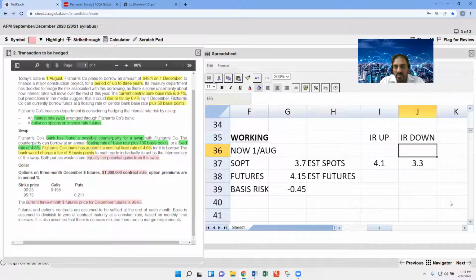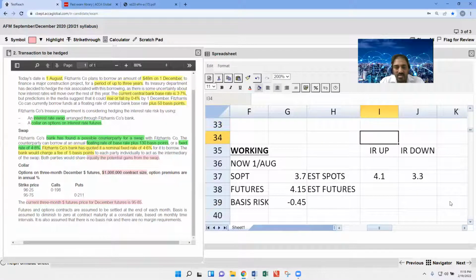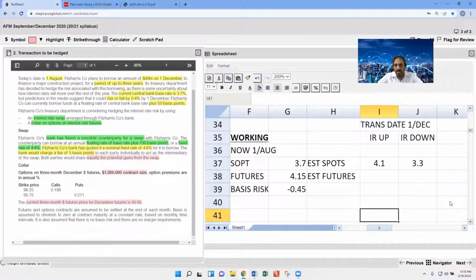And our exit date means transaction date. What is our transaction date? 1st December. So we have taken the December contract now, and the date is 1st August.